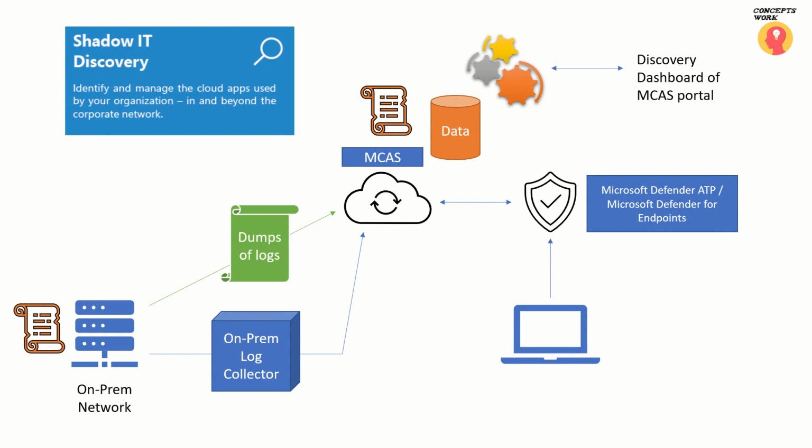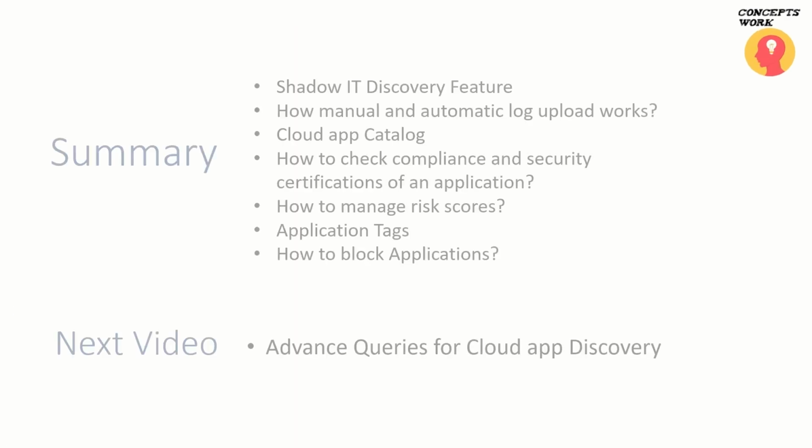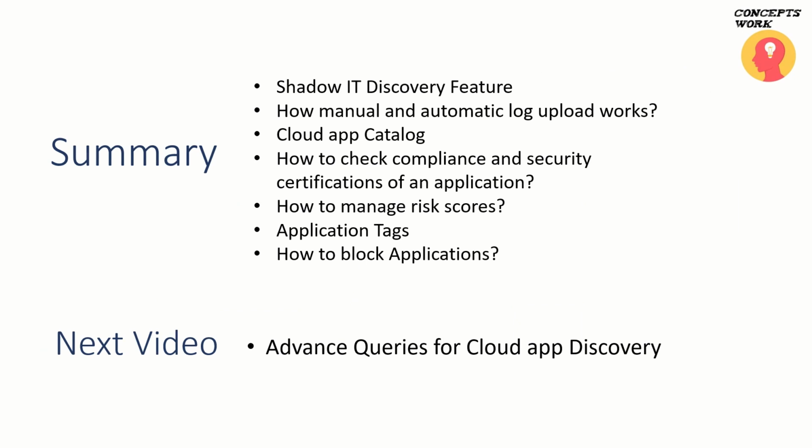So this was all about how the shadow IT discovery part works, and this is the first video for shadow IT discovery itself. Let's go through a quick summary of what we have discussed. We discussed how the manual upload works and how you can configure the automatic log collector.